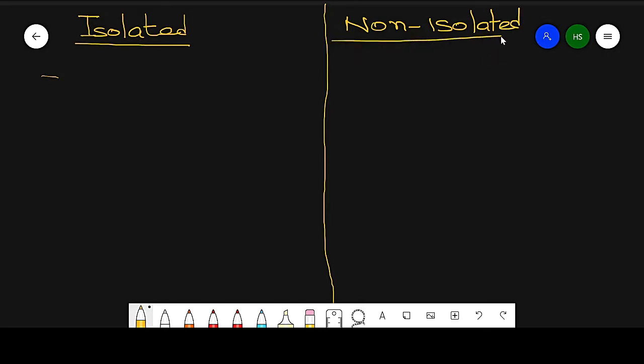One is the isolated singular point and the second is non-isolated singularities. So first I discuss the isolated singular point.